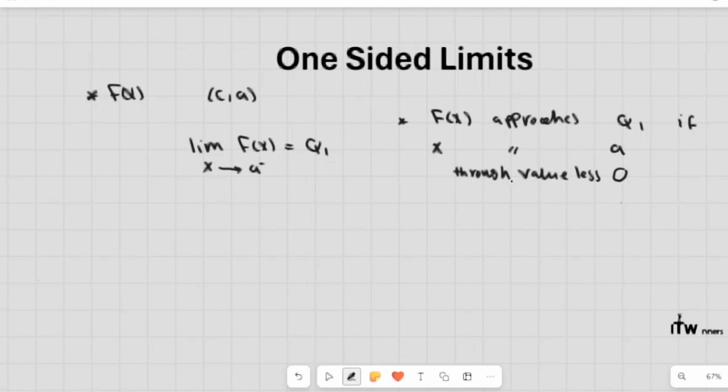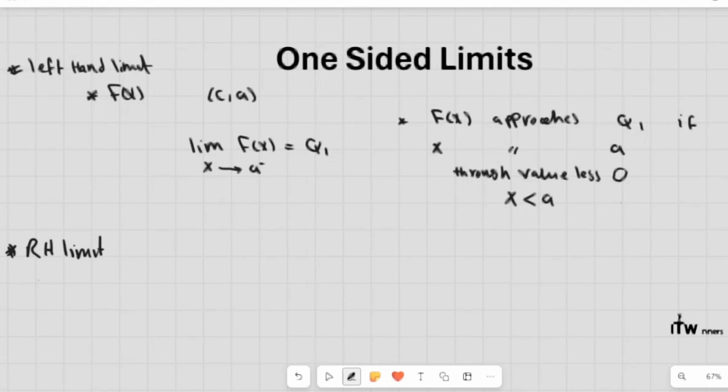Okay, so here x is less than a, and this is called the left hand limit. Okay, again with the right hand limit.